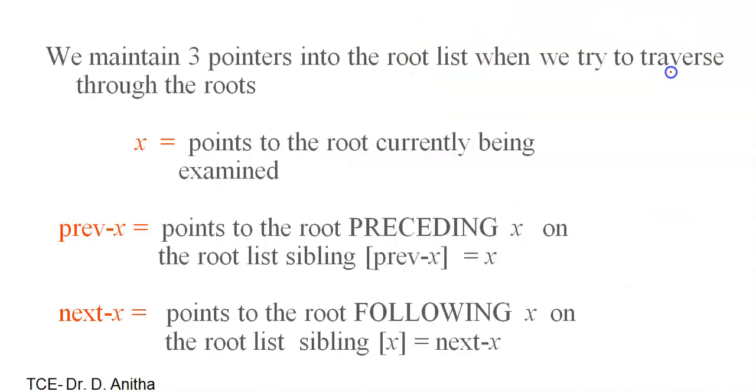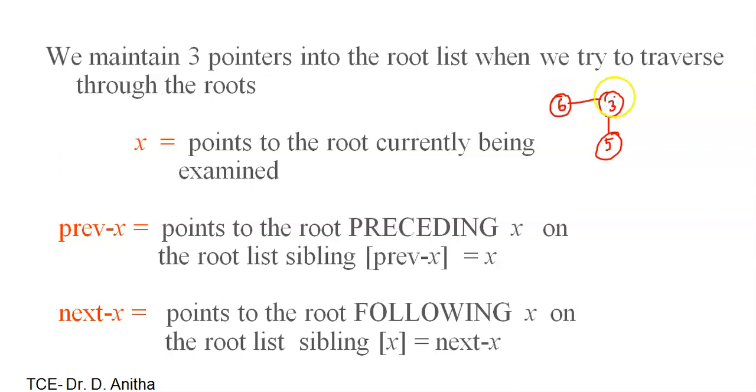In order to do this, we are going to consider three different pointers. One is x, another one is previous x, and another one is next x. For a simple example, let me have 3, 5 in one binomial tree. This is 6.